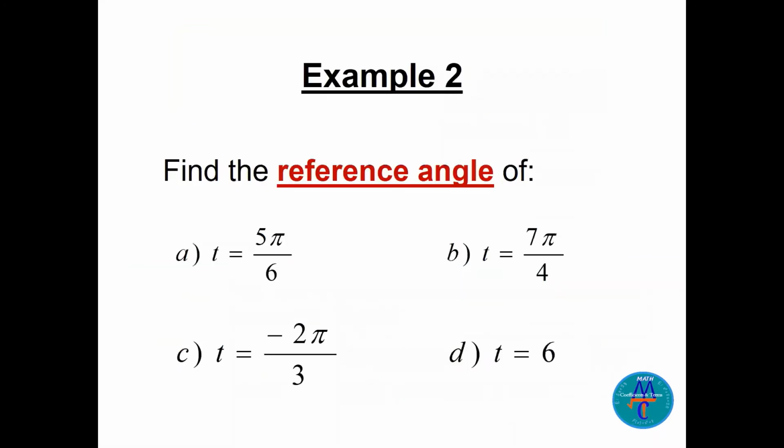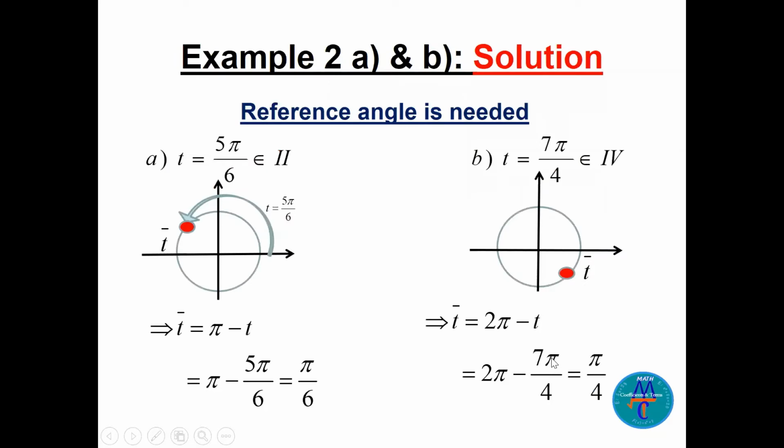Now, let's find the reference angle first. We have here t equals 5 pi over 6, t equals 7 pi over 4, t equals minus 2 pi over 3, and t equals 6 radians. Let's see the first one, 5 pi over 6. We have to locate where 5 pi over 6 is. Pi over 6 is 30 degrees.